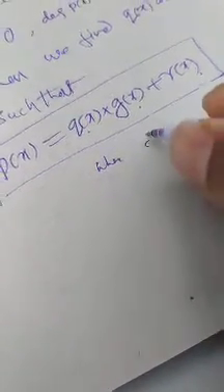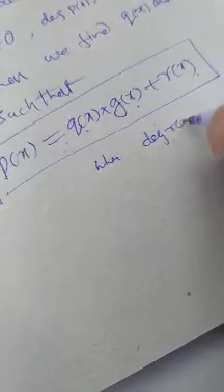We can find the quotient polynomial as well as the remainder polynomial by long division, and then verify using this condition: dividend equals quotient polynomial into divisor polynomial plus remainder polynomial, where degree of r of x is always less than the degree of g of x.